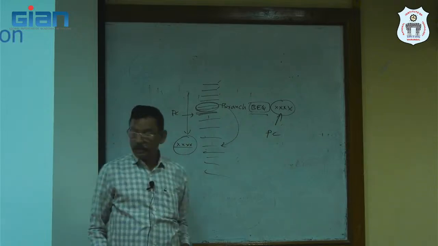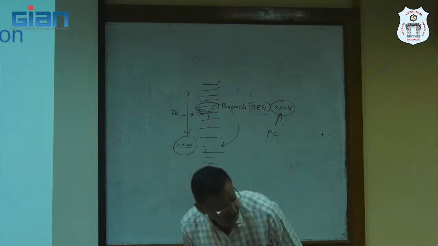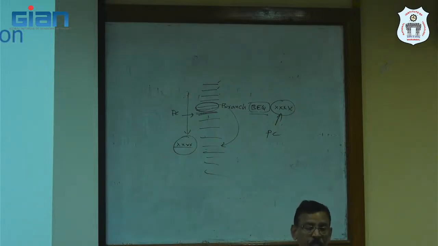So that's why one more adder is added here. See this. This is the register file, and this is the comparator, the same ALU. It is going to compare two registers.